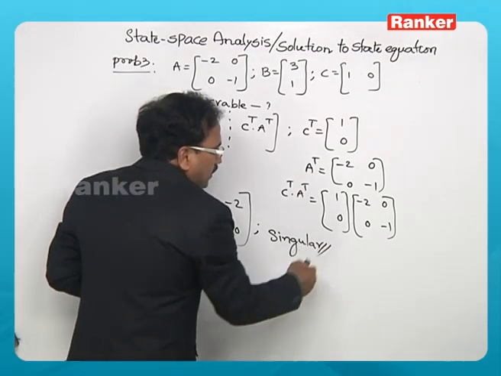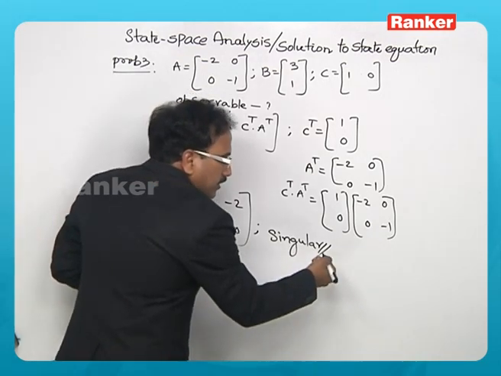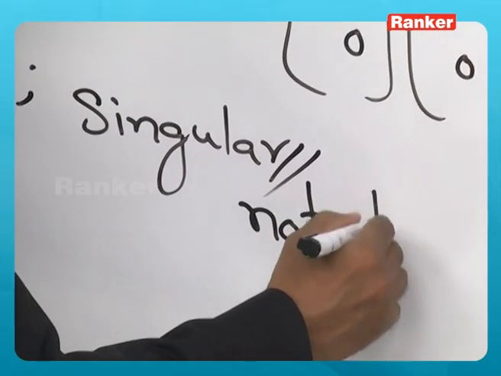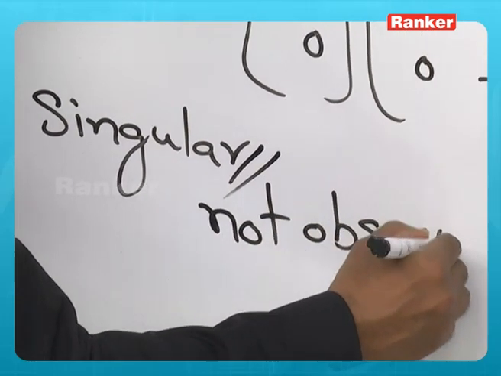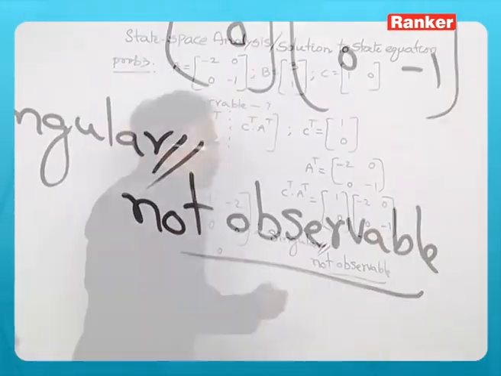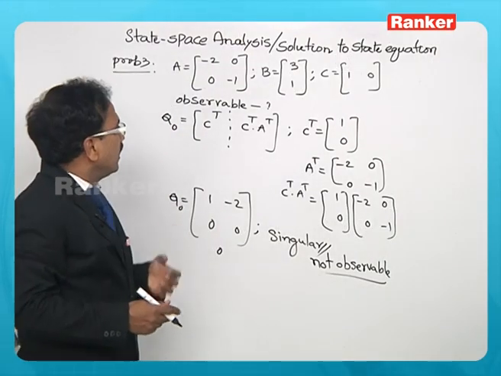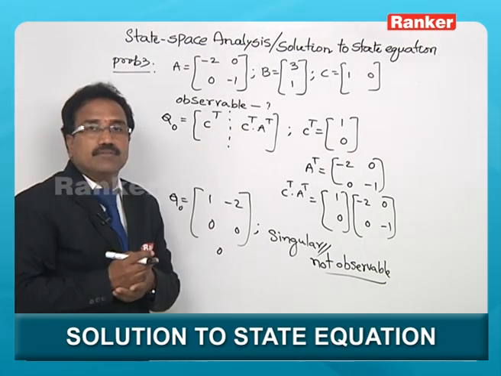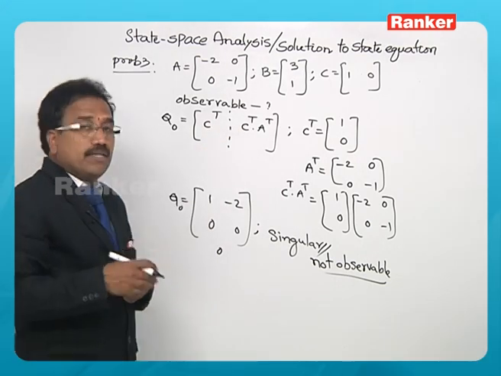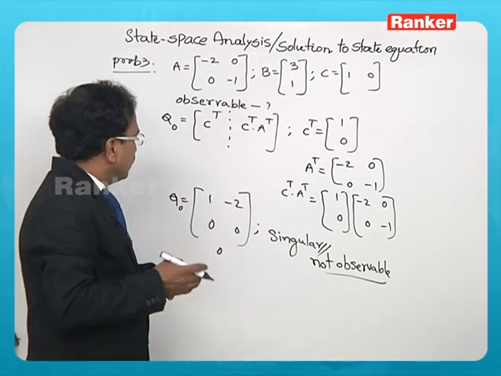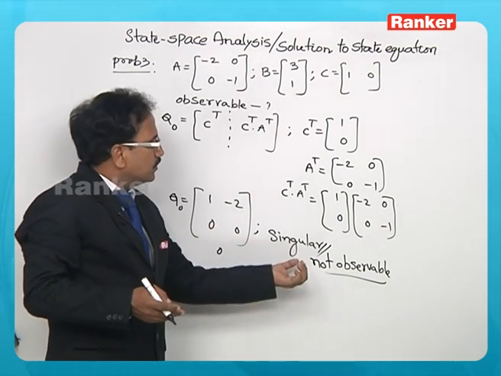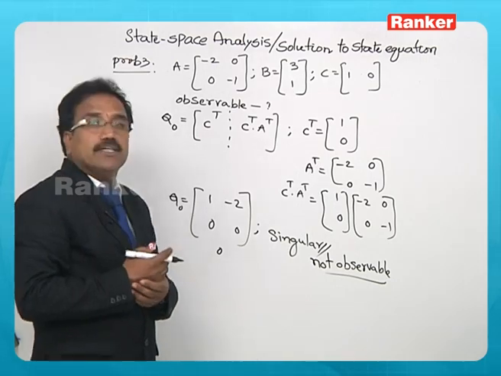Hence the system that is given is not observable. So, form the observability matrix, find the components of that, and with the help of that find the determinant. If the determinant is nonzero, we say that the rank is 2, but it is not so. So, we say it is singular and it is not observable.